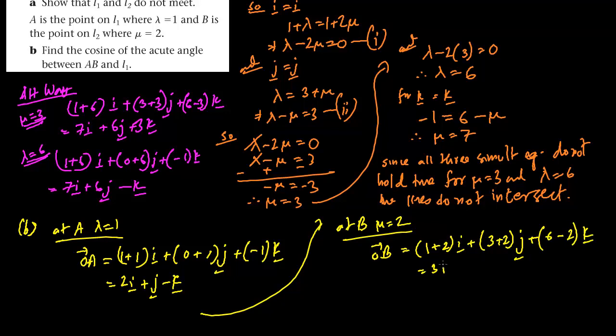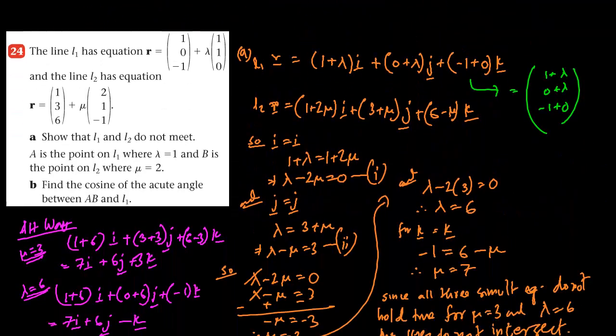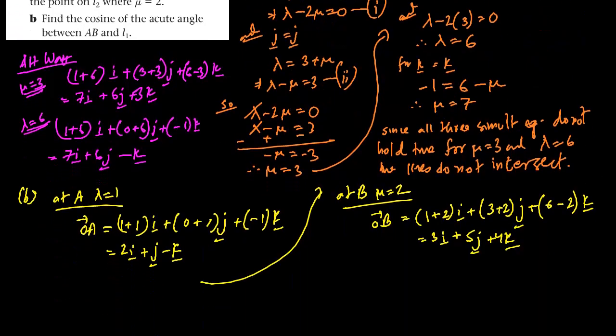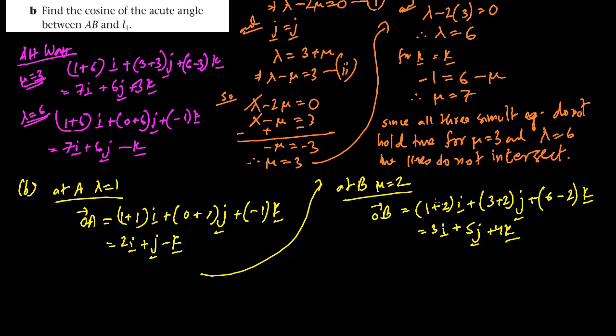It turns out to be 3i plus 5j plus 4k. Let me check with the equations. So this is 1 plus 2 mu, 3 plus mu, 6 minus mu. So that means this would be 1 plus 2 to the 4. This should be 5. Okay, so 5i plus 5j plus 4k.